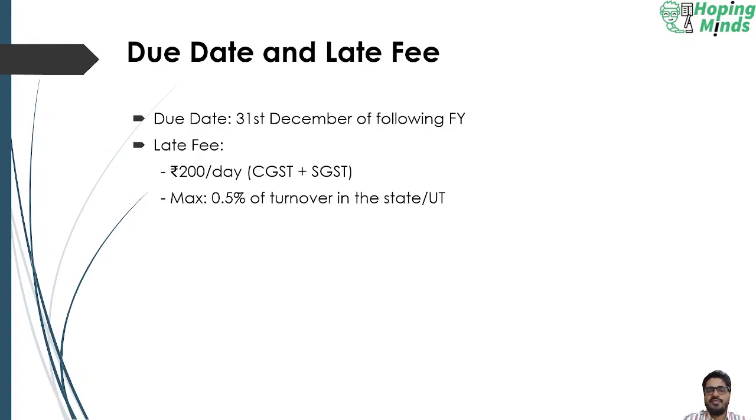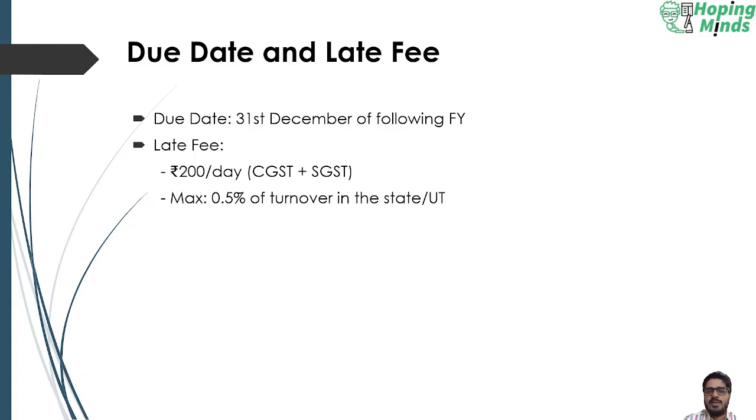What are the due dates and late fee? The due date for filing of annual return is 31st December of the following financial year. So for the year ended 31st March 25, the due date will be 31st December 25. Late fee is rupees 200 per day, that is 100 rupees under CGST and 100 rupees under SGST per day.